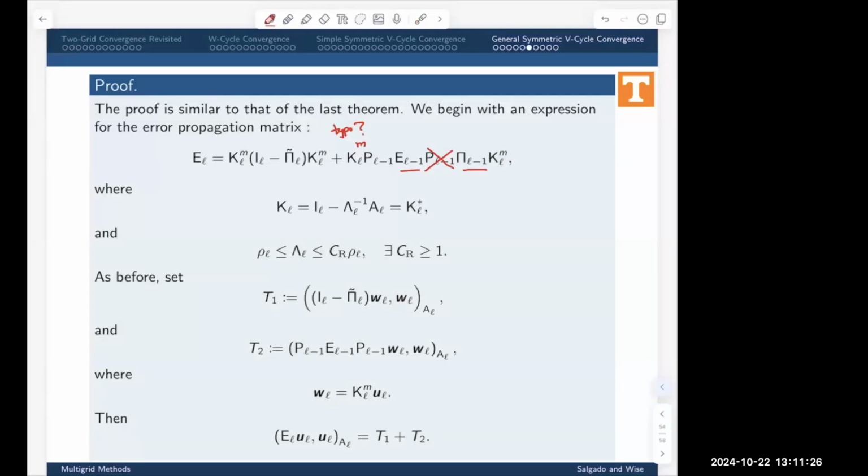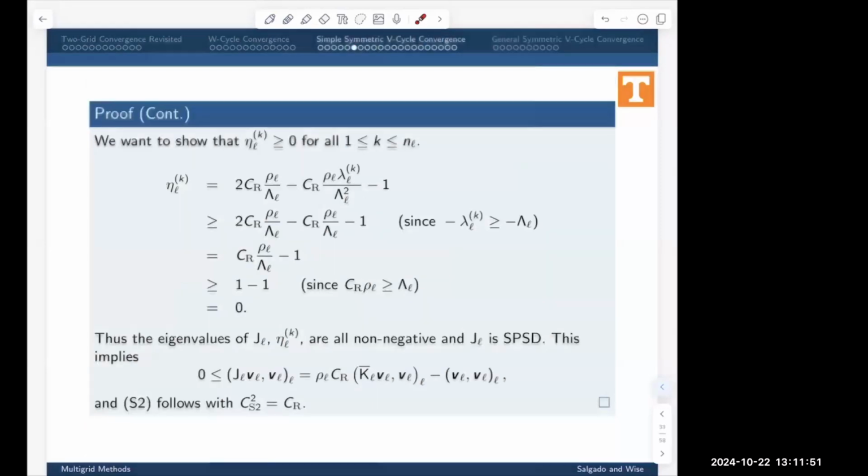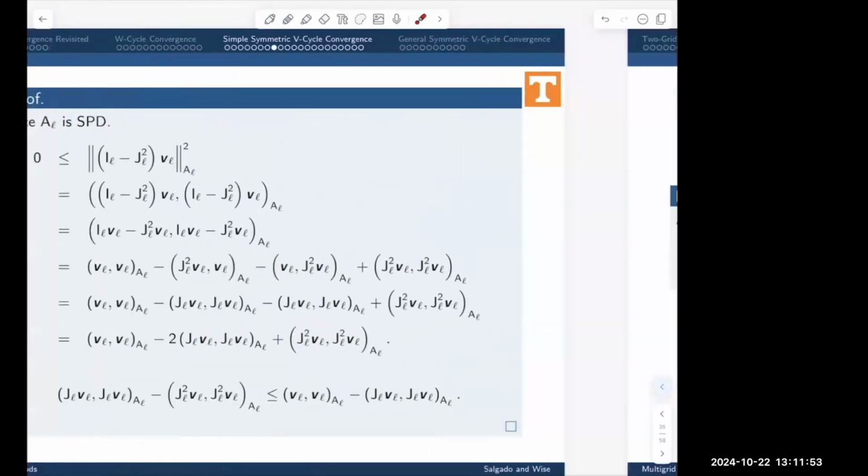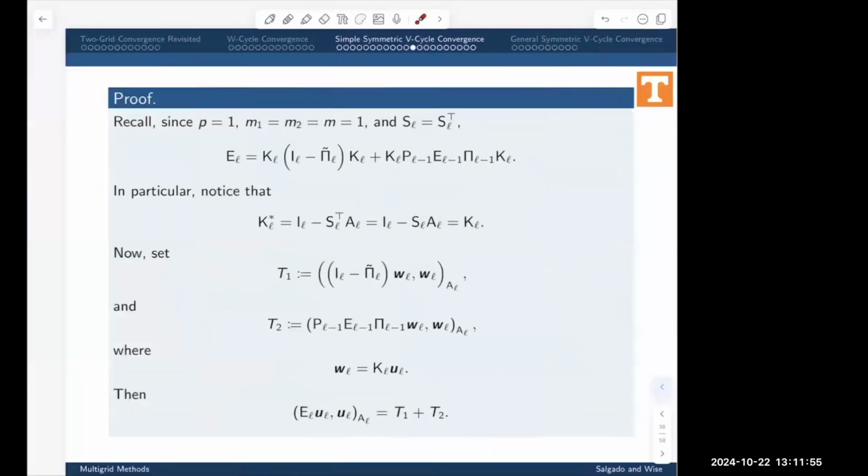Actually, in what sense is this one weird here? So it's E_L, so this should just be pi_L, pi_{L-1}, right? And if we go back and check the simple symmetric V-cycle case, the T2 should be the same there, except for the number of smoothing iterations.